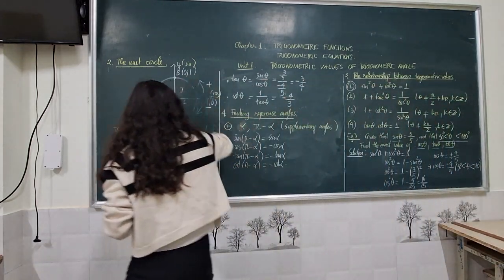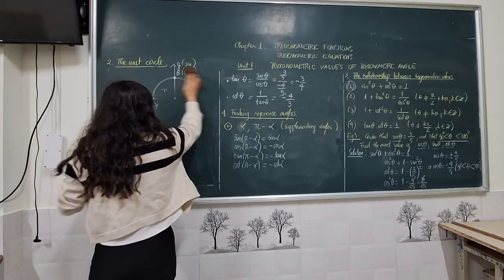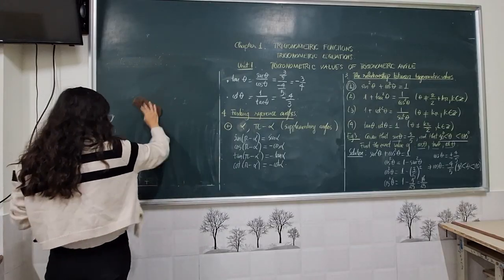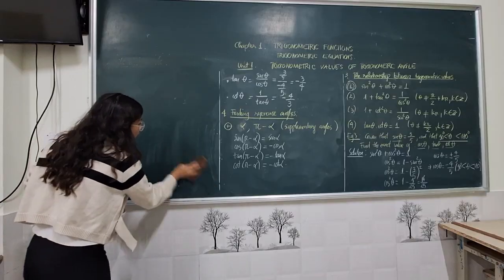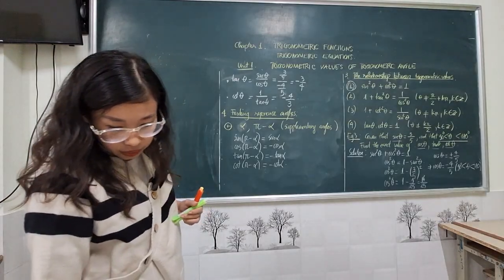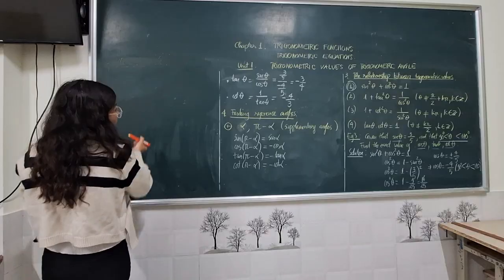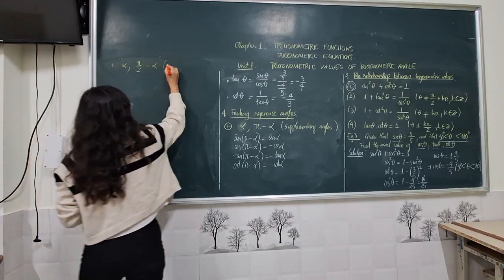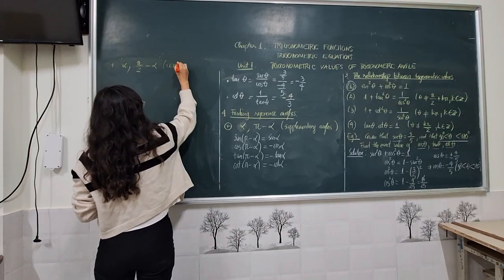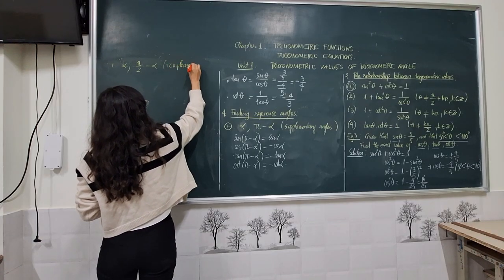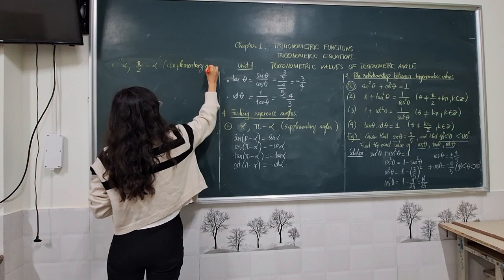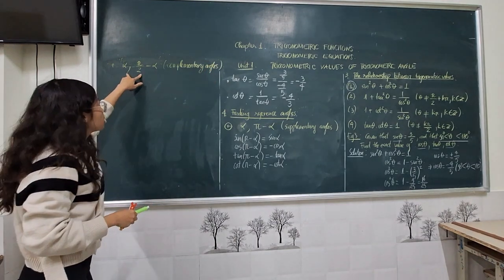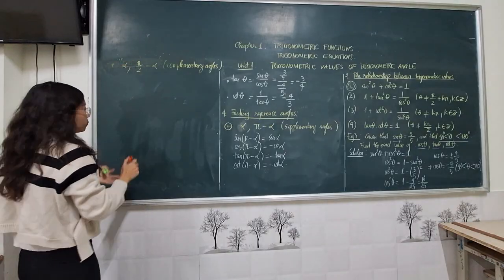Okay. Now we have other specified angles. They are called complementary angles. Alpha and pi over 2 minus alpha are called complementary angles, because when we add them up, it is exactly pi over 2.